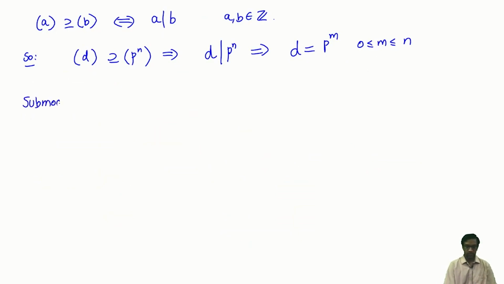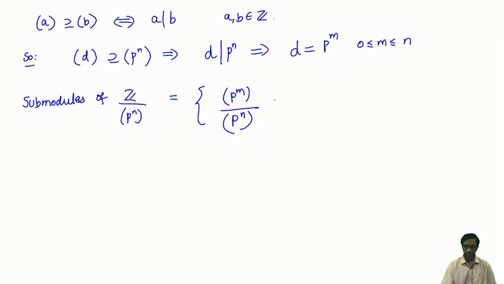So the submodules of Z modulo p to the n are therefore exactly, what are they? They are of the following form. So take p to the m Z and look at its quotient.